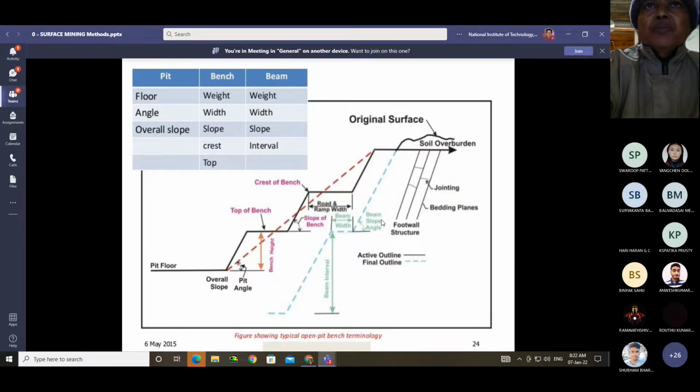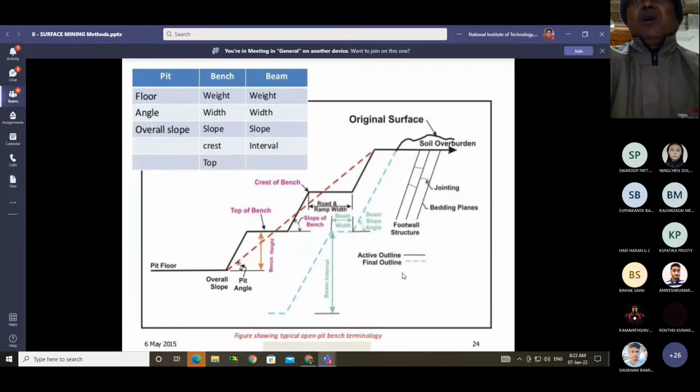Okay, and this is the bench interval. So this is the crest of the bench, and the top of the bench, and these are the geological jointings, bedding planes, and this is the footwall structure.